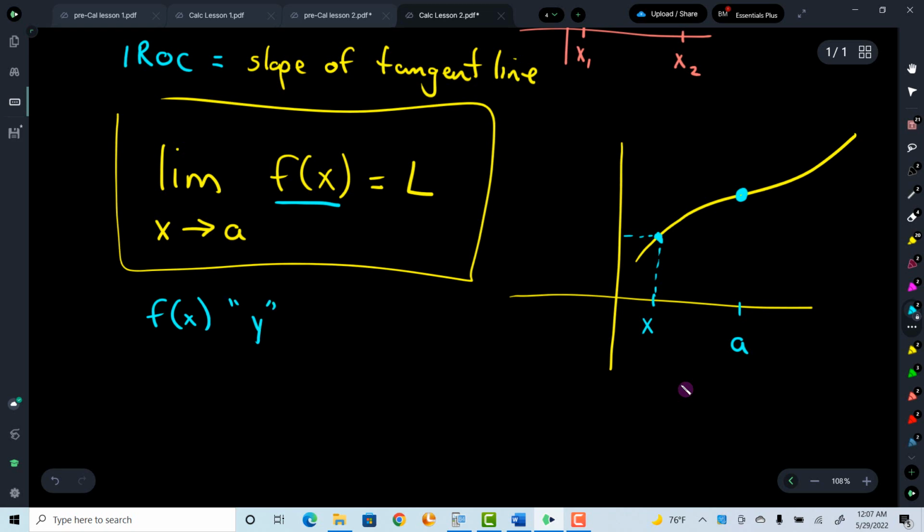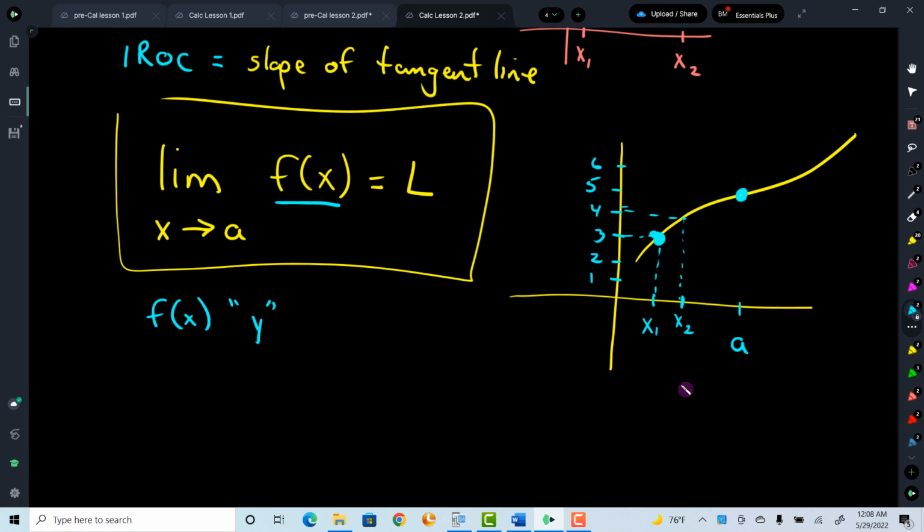What's happening to the y value? Okay, so let's just put some numbers here. 1, 2, 3, 4, 5, 6. Okay, so right now, if this is where my x is, then f of x is 3, right? But let's move our x closer. Let's call that x1. This is x2, right? So here, looks like maybe f of x is 4.